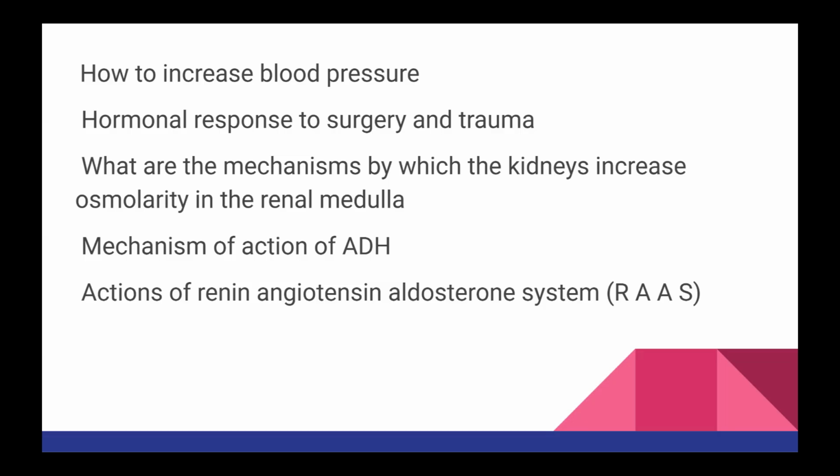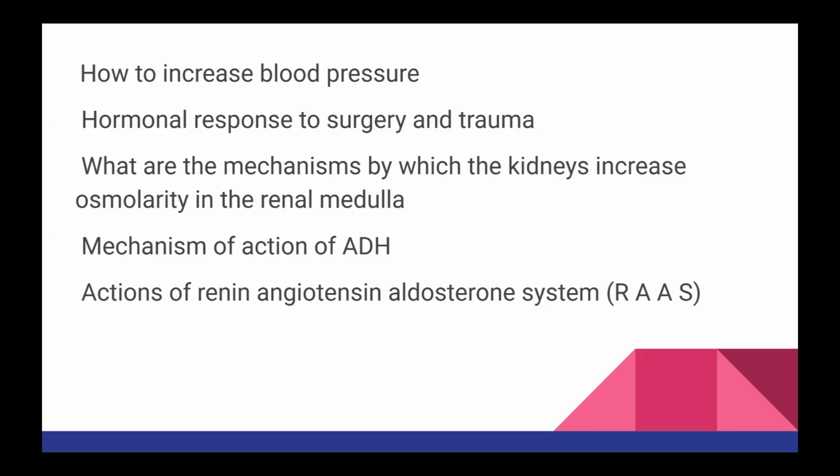Then, from the ascending limb of loop of Henle, sodium chloride moves from the tubules into the medulla. So this increases the gradient, hence resulting in increased absorption of water from the descending limb with the help of the countercurrent mechanism. So that is how it increases the osmolarity in the renal medulla.